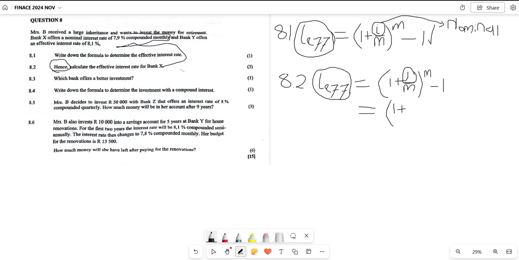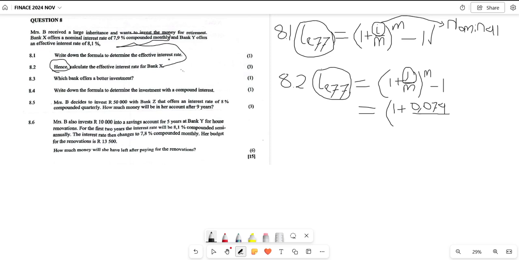In a nutshell, you are going to say 7.9 divided by 100% first, then we have 0.079. After that, you are going to divide by the compounding period.